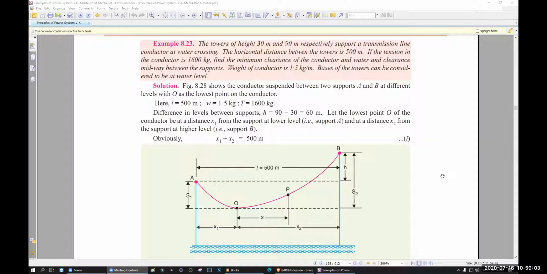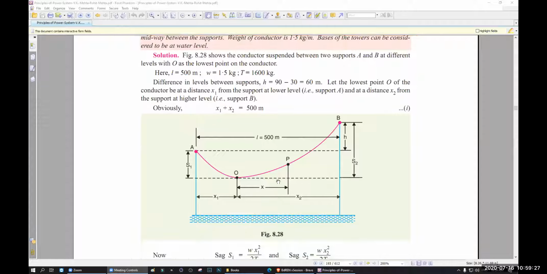Now here you can see towers of height 30 meter and 90 meter respectively. That means you have two towers. Those are not equal. Those are unequal. One tower is very big, that is 90 meter. Another tower is small, that is 30 meter respectively. They support a transmission line conductor at a water crossing. What do you mean by water crossing?